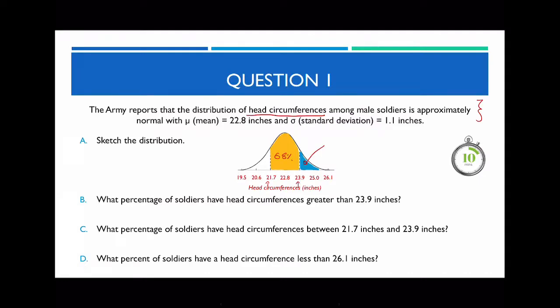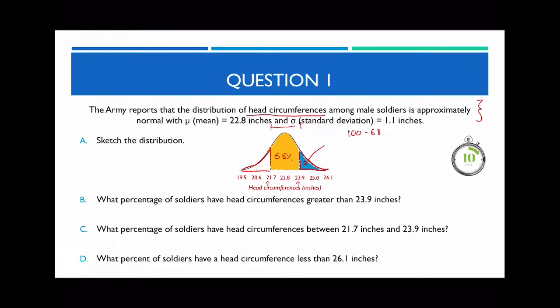Now, to find out what this blue area over here is, what I can do is go 100 subtract 68, because by doing so, this will give me these areas over here. So 68 is from here to here. If I go 100 subtract 68, it will give me the outer areas.